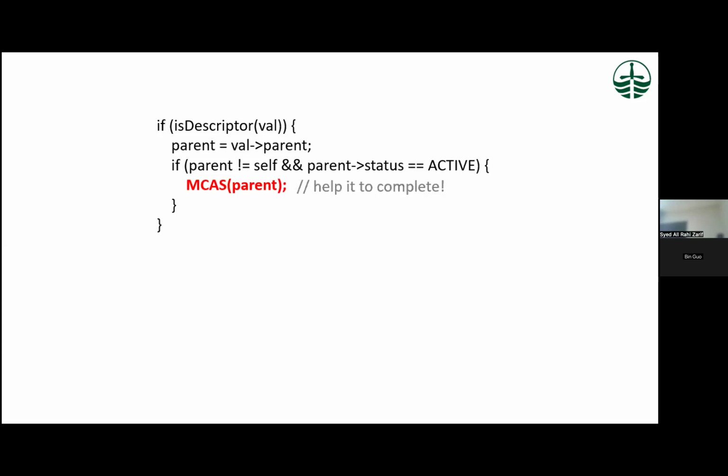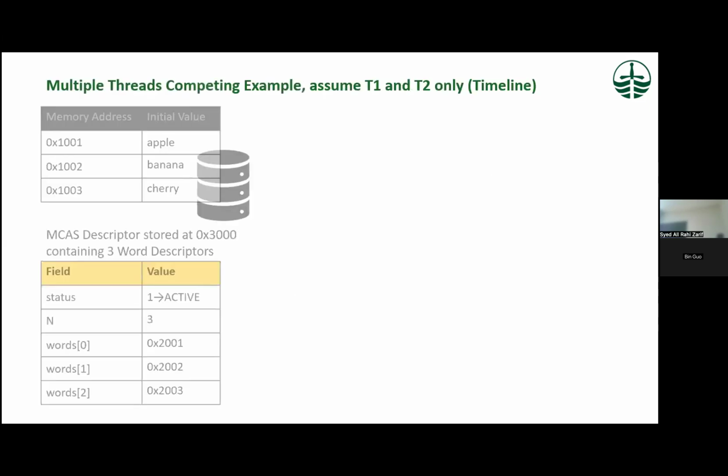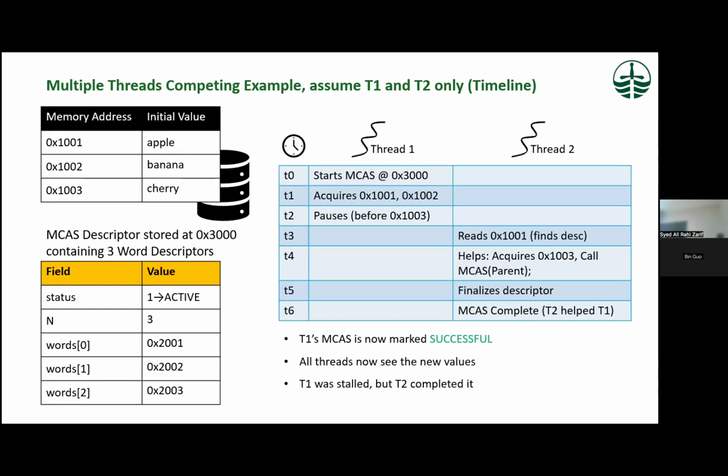Now let's see how it can work here. So here are my initial values again, and you can see we have 2 threads. We are thinking about only 2 threads here to make this simple and easy to understand. So at T0, maybe thread 1 has this MCAS descriptor table, and it has already acquired 2 of these locations, apple and banana. It has updated these 2 locations with the word descriptor.